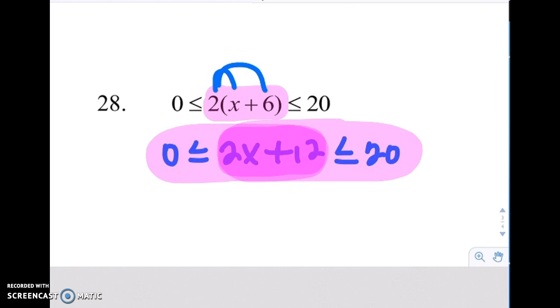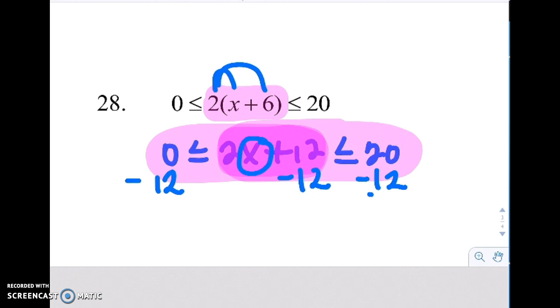Now, you can separate them as 2 separate inequalities to solve, or you could do it in one inequality and just make sure that whatever you do to get your x by itself, you do to the expression with x, and you do to the left of the first inequality symbol, and you do to the right of the second inequality symbol.